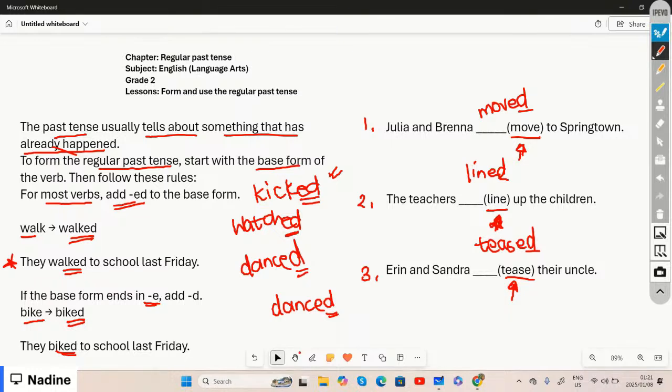All right. So once again, we said that our regular past tense usually tells us about something that has already happened.